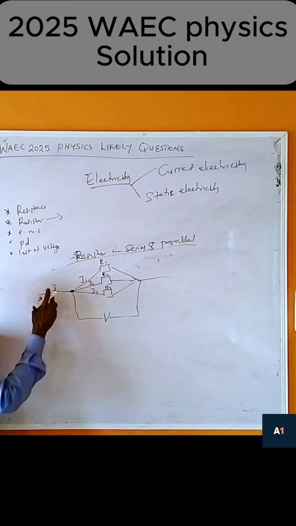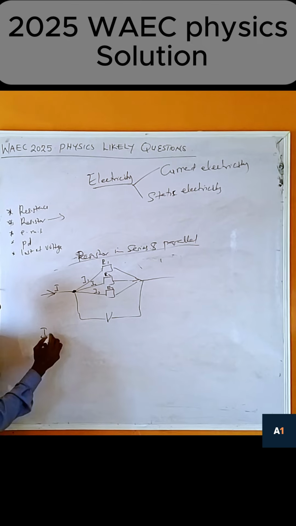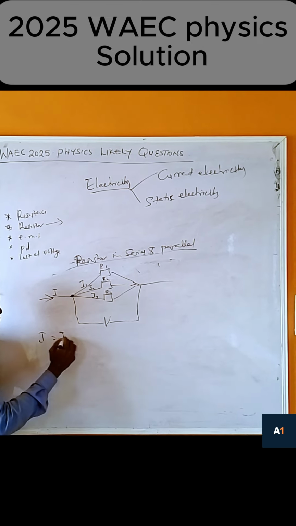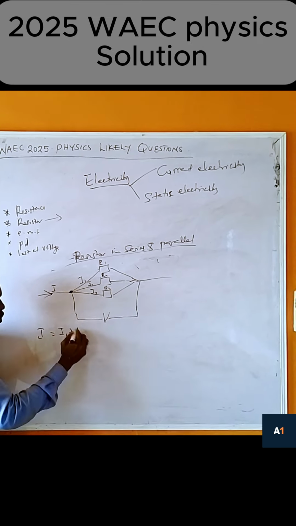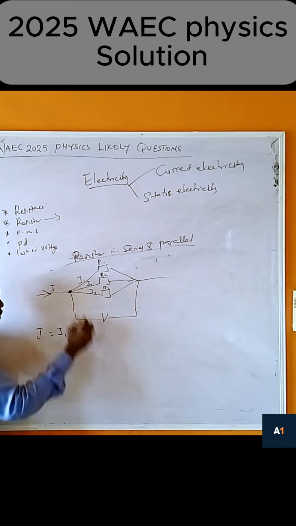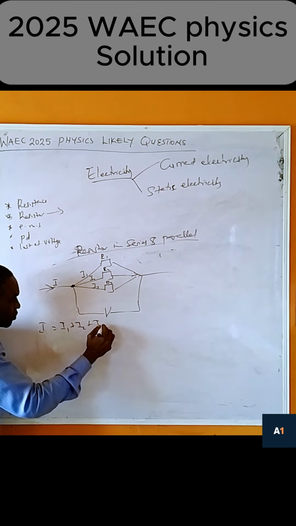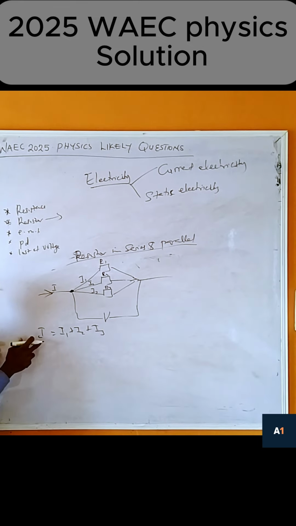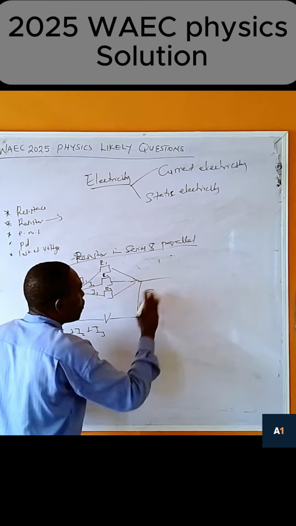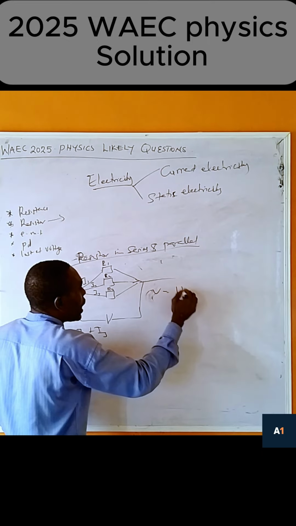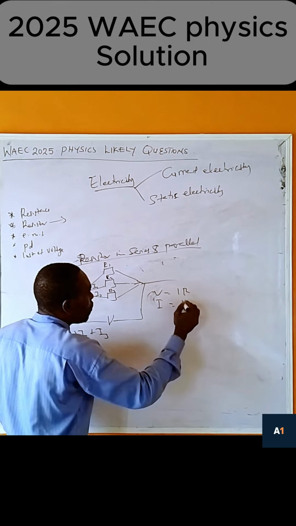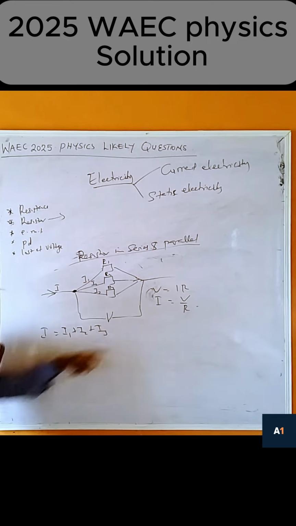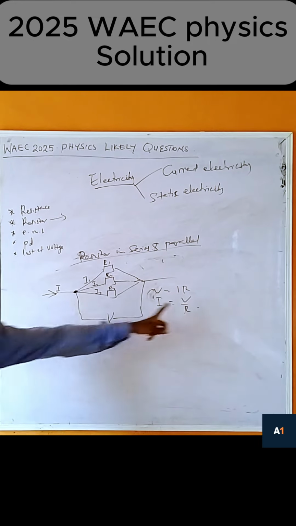So the total current is equal to current 1 plus current 2 plus current 3. Now, what is the current? From Ohm's law, V is equal to IR, so I will be equal to V over R. That is from Ohm's law. So replace this I with this one.